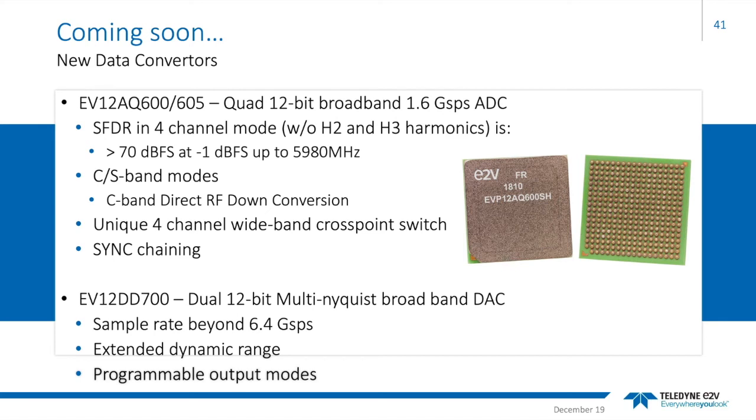And as we've seen, system synchronization is guaranteed through the novel sync chaining feature. In the very near future, we'll be introducing a dual 12-bit broadband multi-Nyquist digital to analog converter, featuring a sample rate beyond 6 gigasamples. It also will have extended dynamic range and programmable output modes.